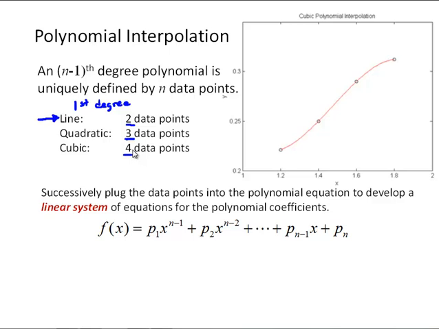And we can see how this is the case by just using this general form of a polynomial equation and successively plugging in the data points to develop a linear system of equations for the polynomial coefficients. So here we have the general form of a polynomial. f of x is equal to some p1 x to the n minus 1 plus p2 x to the n minus 2 onwards to some pn.